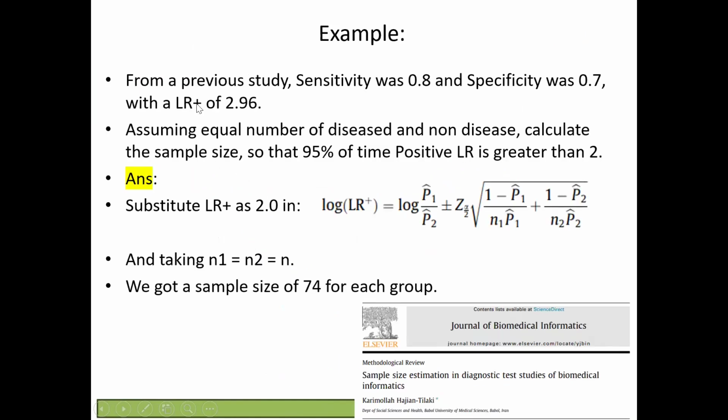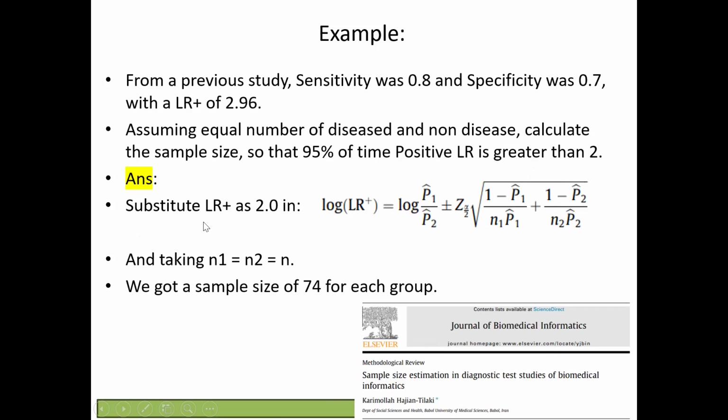For example, from a previous study where sensitivity was 0.8 and specificity was 0.7, from these two, we calculate the positive likelihood ratio of 2.96. Assuming equal number of disease and non-disease subjects, calculate the sample size so that 95% of time, positive likelihood ratio is greater than 2.